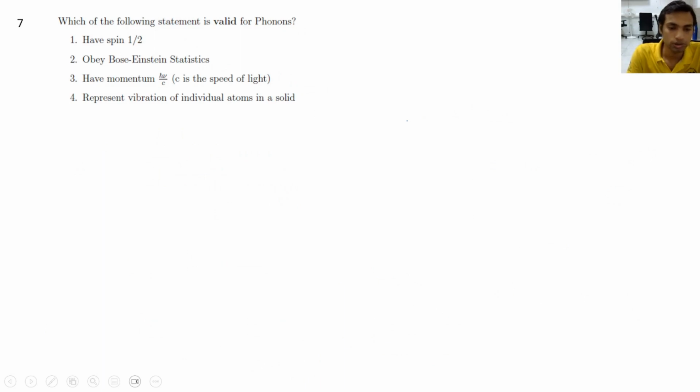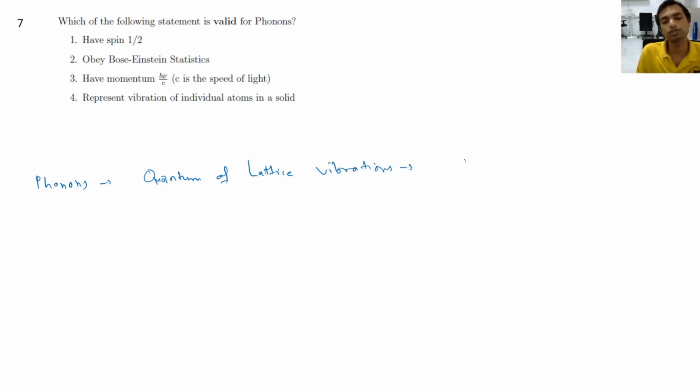Which of the following statements is valid for phonons? So what are phonons? Phonons are quanta of lattice vibrations. They are actually bosons, and that is why they obey the Bose-Einstein statistics.